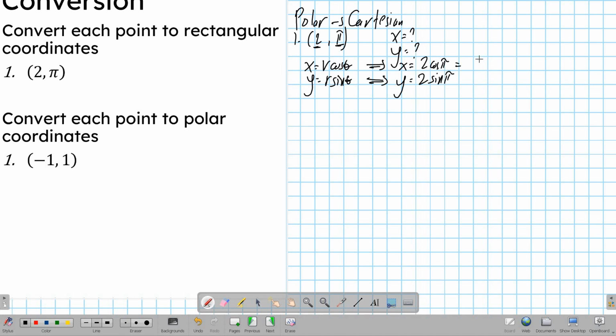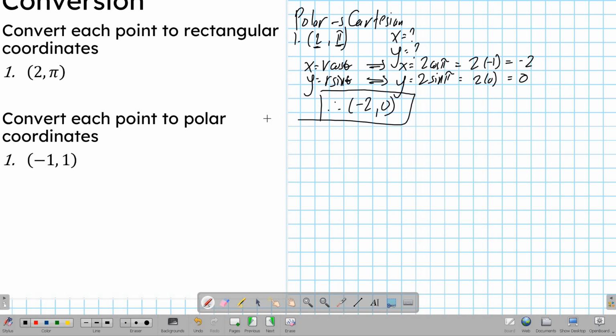Cosine pi is equal to negative 1, so that's 2 times negative 1, which is negative 2. Sine pi is equal to 0, so I have 2 times 0, which is 0. Therefore, the Cartesian coordinates of the point (2, pi) is (negative 2, 0).